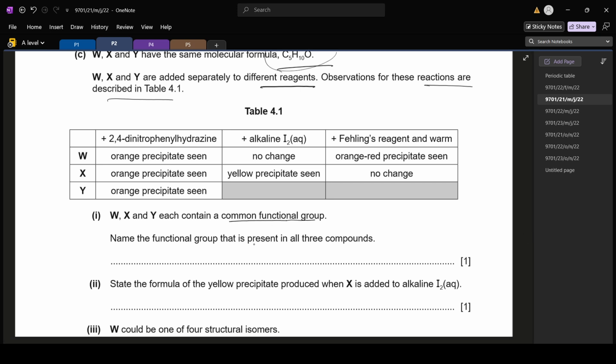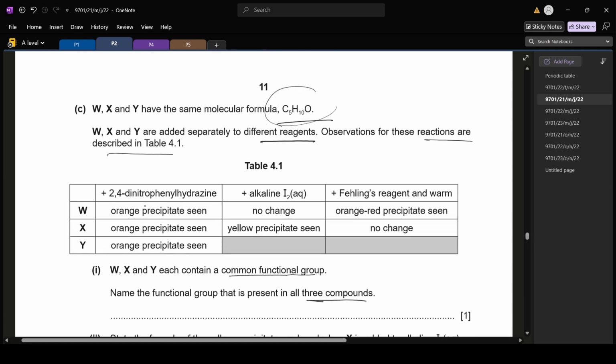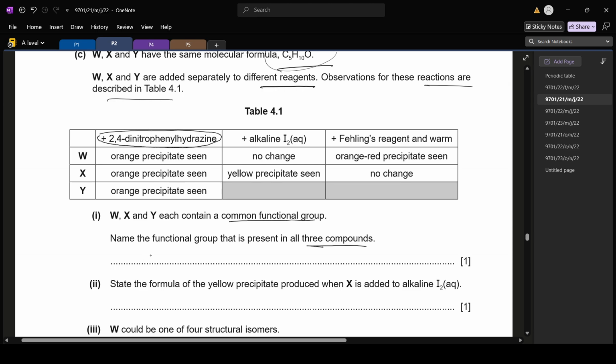Name the functional group that is present in all 3 compounds. So from the observations you can see that these all give an orange precipitate with 2,4-dinitrophenylhydrazine, and this is the test for a carbonyl group. So these all give a positive test, which means they all contain a carbonyl group.